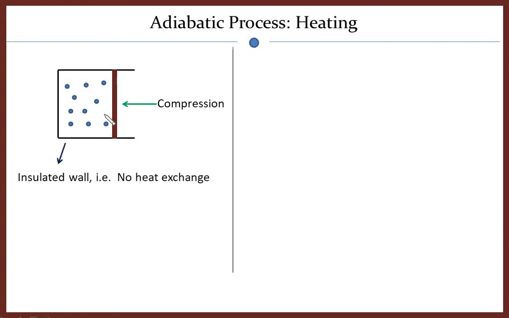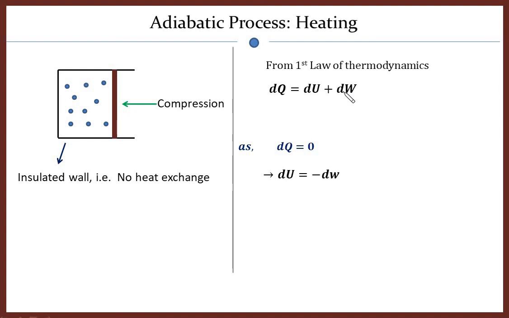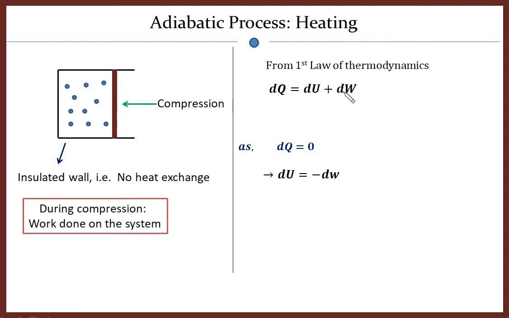How can we understand this? From the first law of thermodynamics, we know dq equals du plus dw. As this process is adiabatic, dq equals 0. Therefore, change in internal energy is equal to minus dw. Just note down one fact: as we are compressing this gas, work is done on the system.